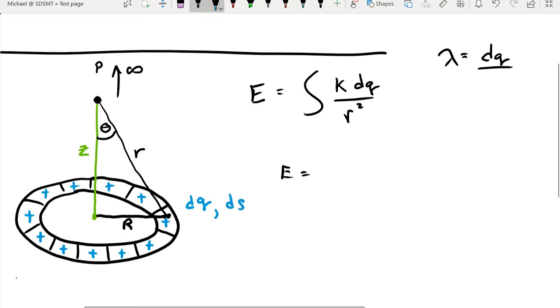And the reason I want to use s is because s, back in geometry, was how we would describe the arc length of a given segment of a circle. And arc length was angle times radius. Now let's not confuse ourselves.